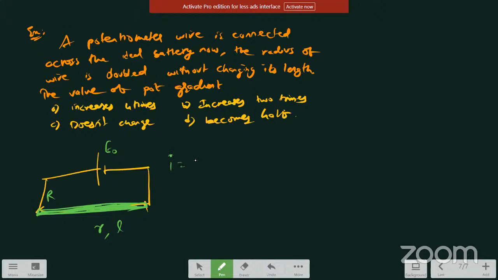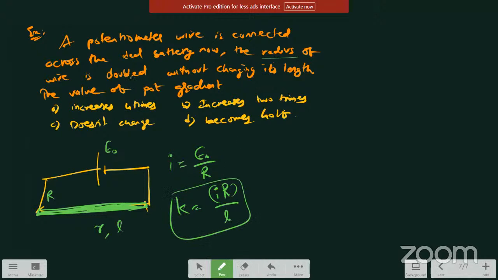In that case, what will be the current passing through this? Current will be e naught by R, where R is the resistance. And if I have to find the potential gradient for this wire, it will be I into R, which is the potential drop across the wire, divided by the length of the wire l. So we have derived this formula.